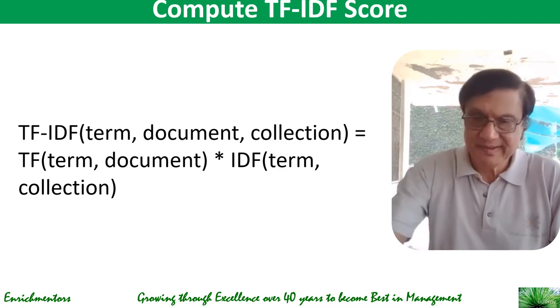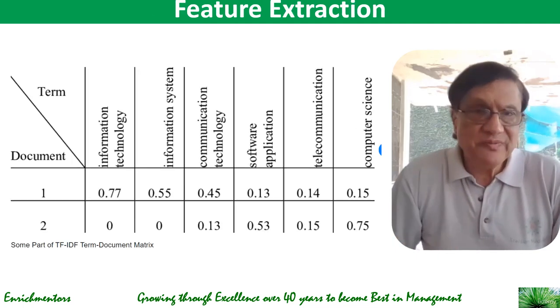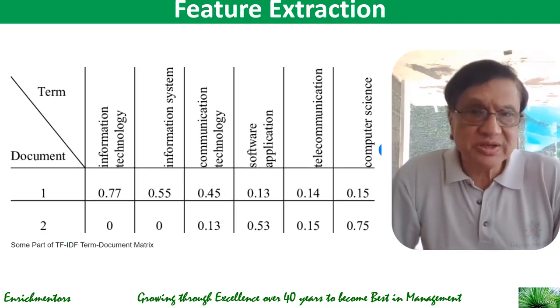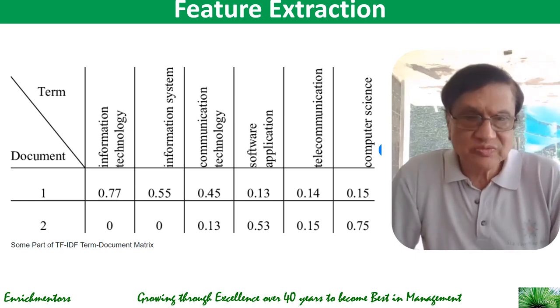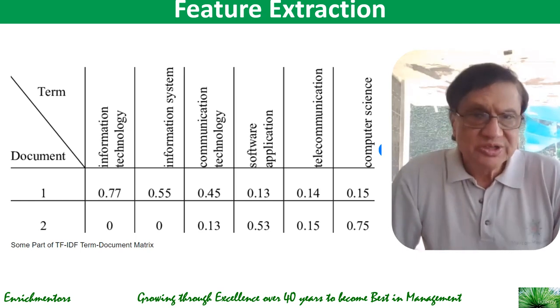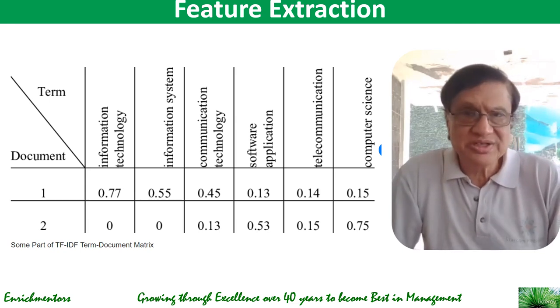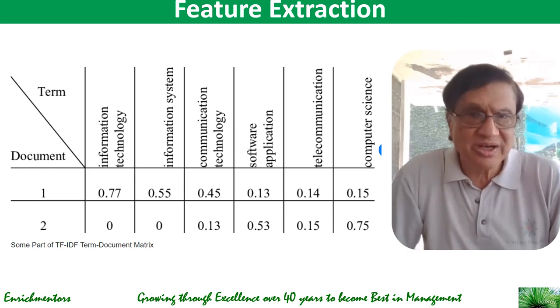Then the TF-IDF scores are computed for each term as illustrated here. There are two documents and there are many terms, so the TF-IDF score is calculated for each term in each document in the collection.